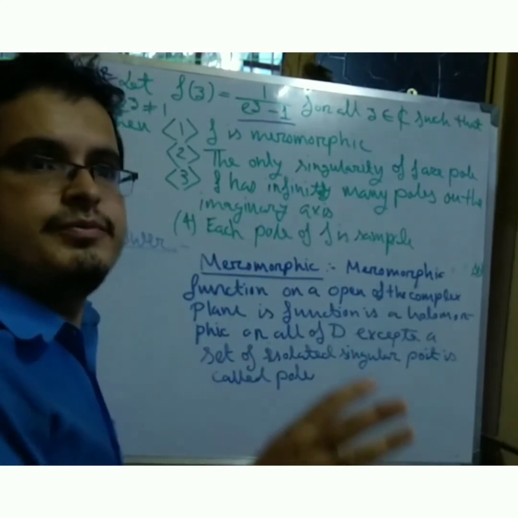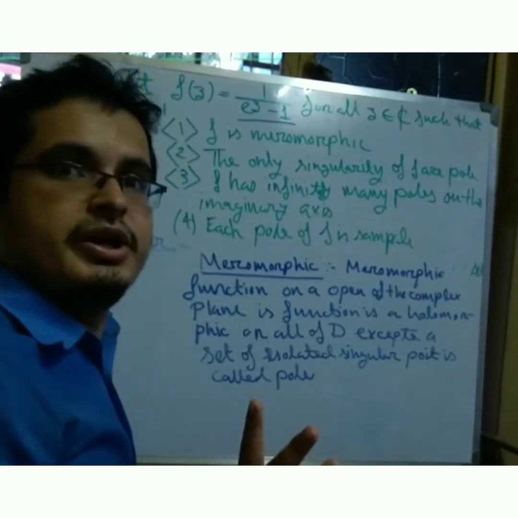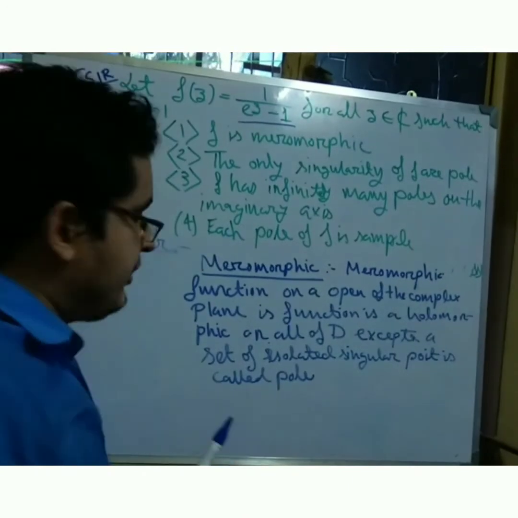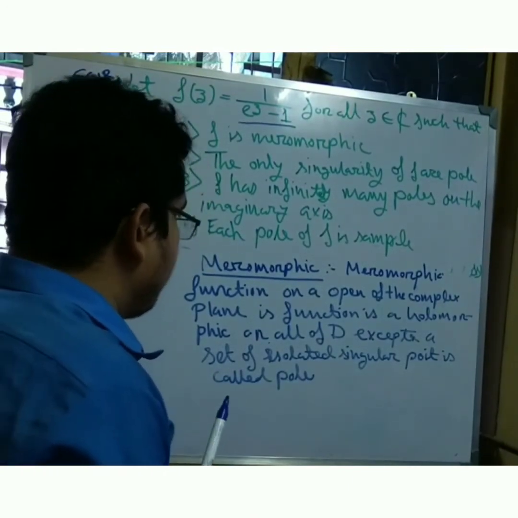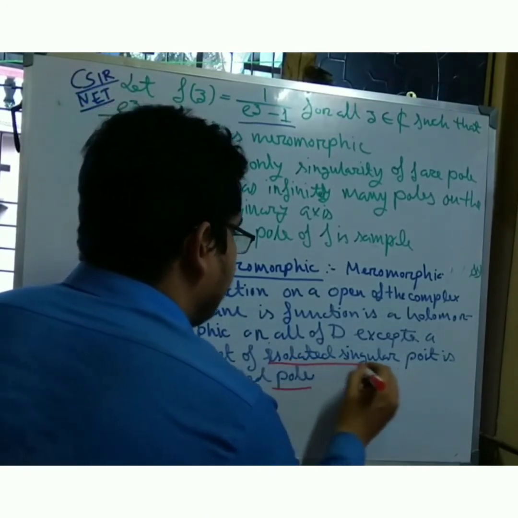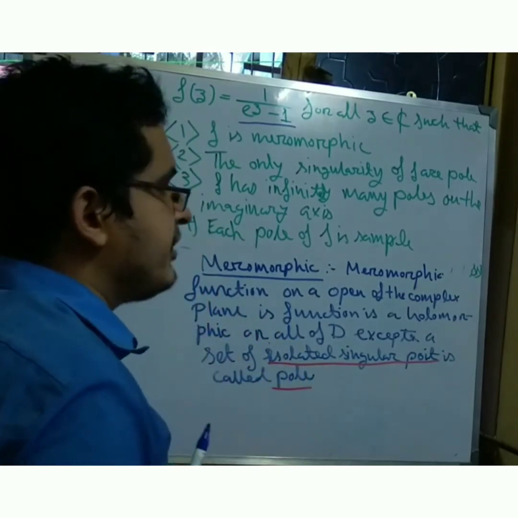Must remember, friends, they are poles, but not essential and removable singularities. Only poles. Must remember this point. Except the set of isolated singular points is called poles.